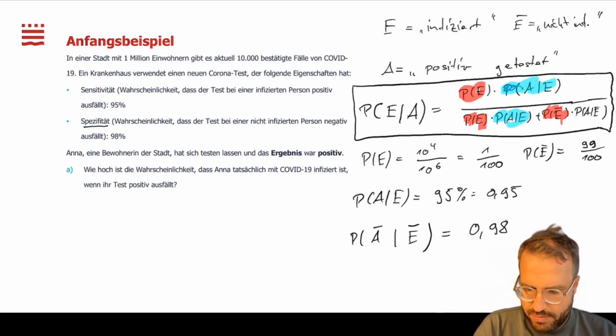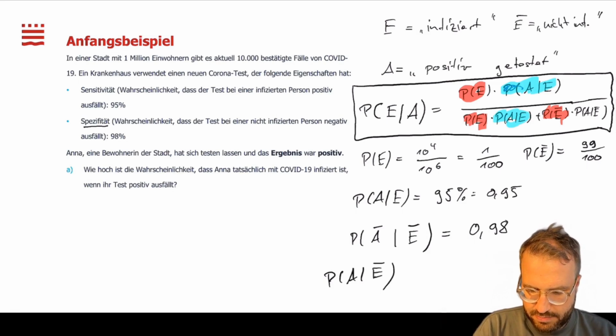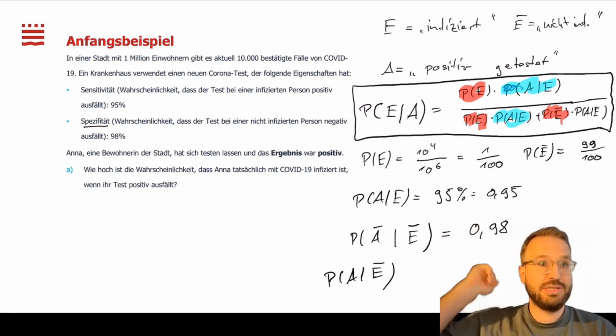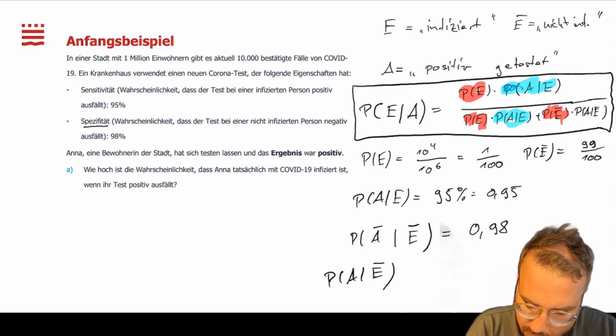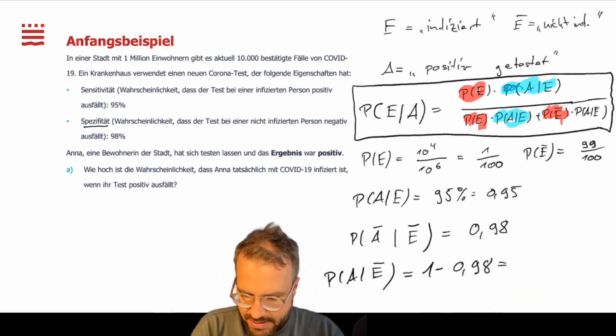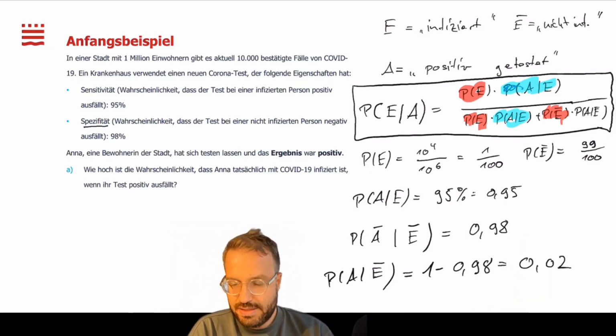What we want, however, is P of A under the condition not E. But the fact is that both together add up to 1. Either it is A or not A, under the same condition. This means we know that it is 1 minus 0.98, and thus 0.02. And with that, we are done.